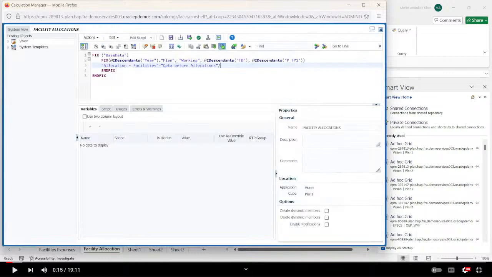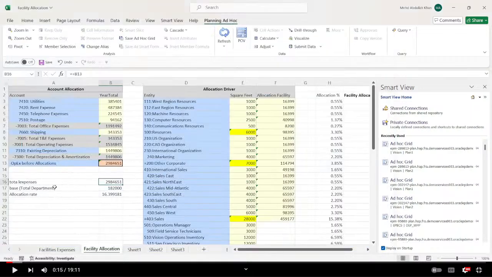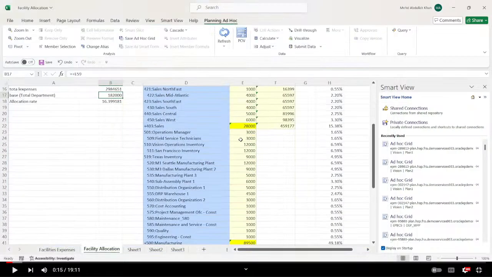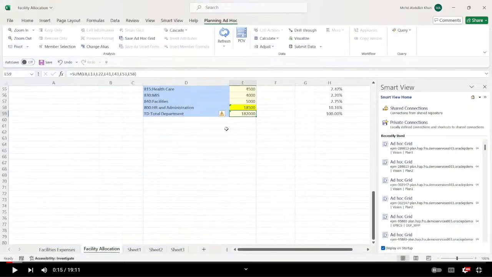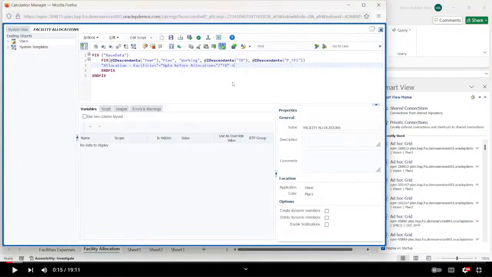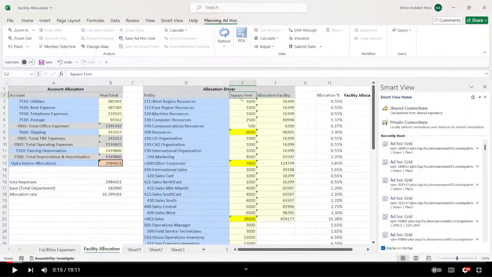divide by base total department. So I'll take total department of square feet. So I will use intersection and then I'll give the square feet.